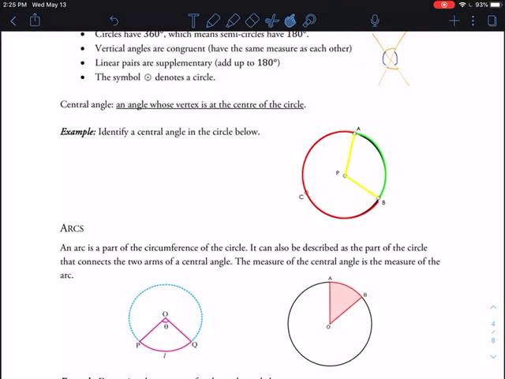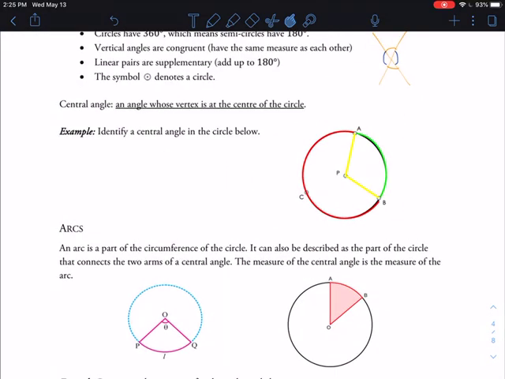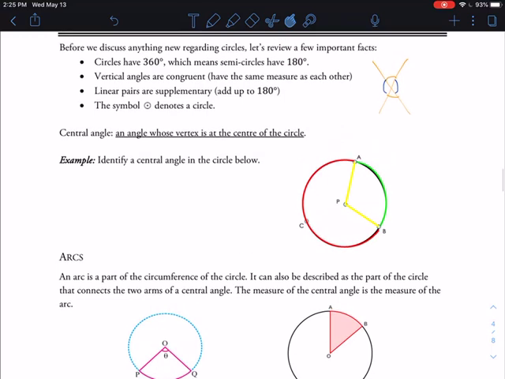Okay, the first example asks us to identify a central angle in the circle below. Most of you are going to look at this example and see this angle and close it that way. But I want to remind you that you can have a reflex angle, an angle that's larger than 180 degrees, going this way. So either is fine.